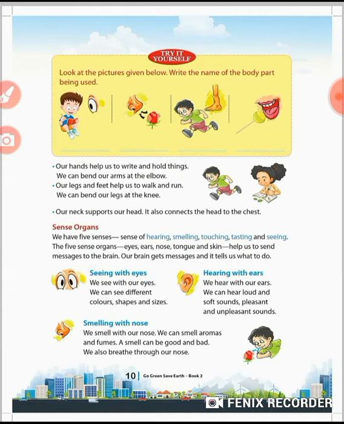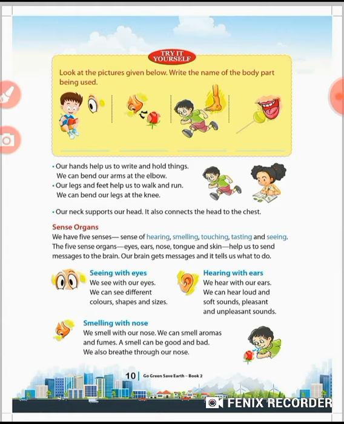Next picture. Identify the body part. Yes, it is nose. Nose helps us to smell. Next is, which body part is used in this picture? Leg.